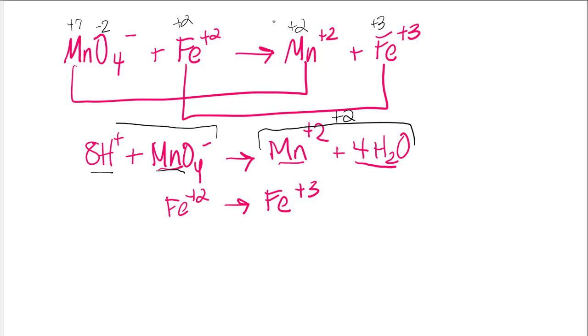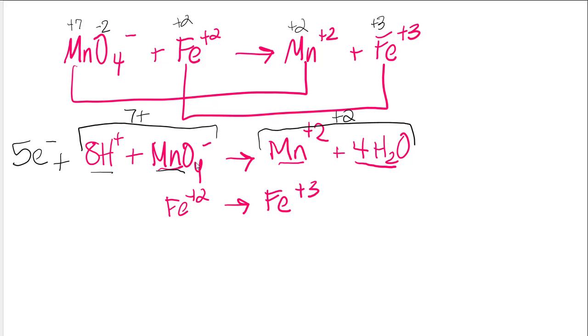So I have a total of +7. So in order to balance my charges here, on the left, I need to add 5 electrons. 5 electrons plus my +7 is equal to +2. So on my top half reaction, I have now balanced my charges.